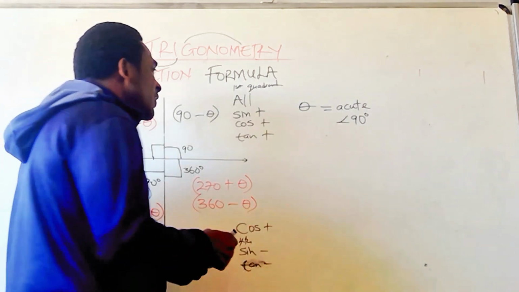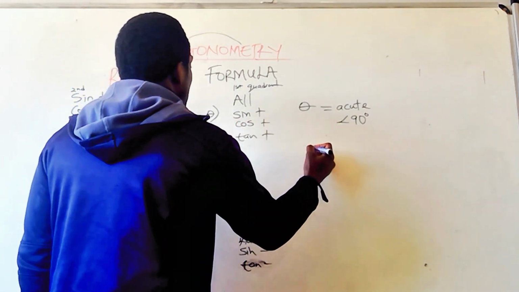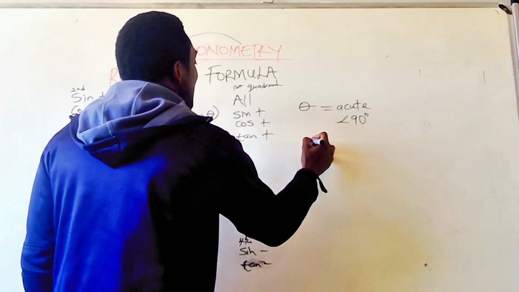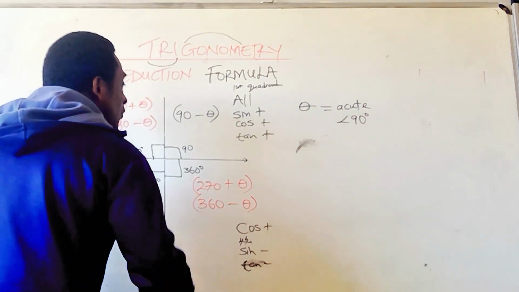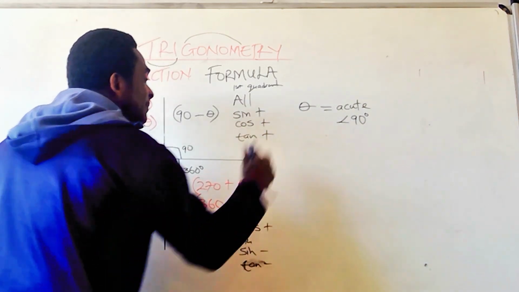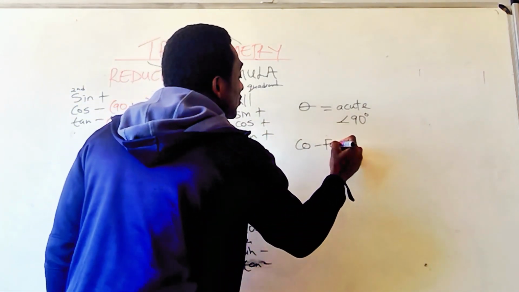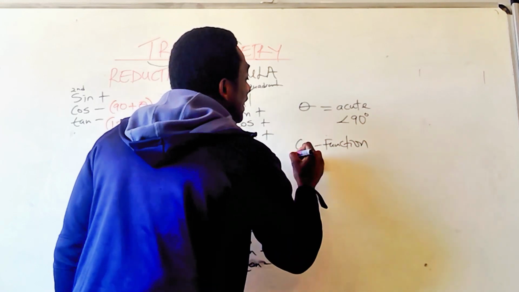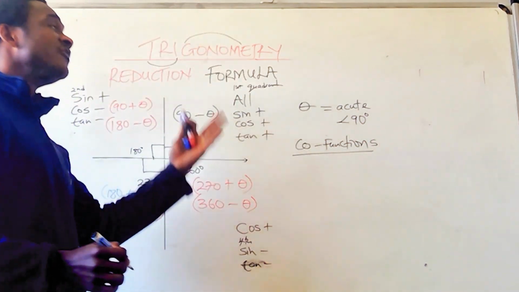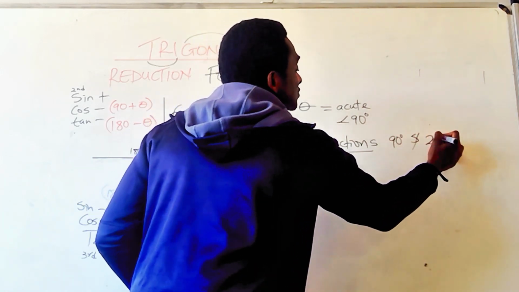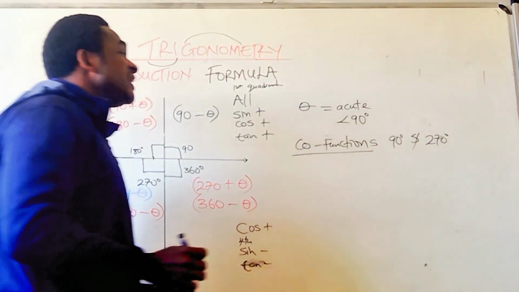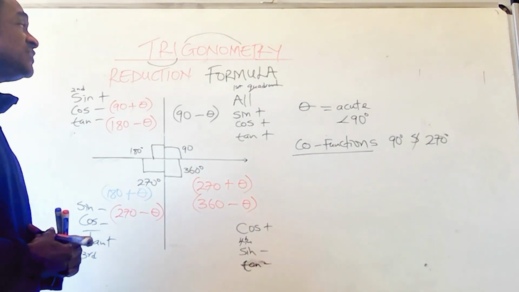It means that when I'm working on the first quadrant, before I go on, let's talk about what we call the cofunctions. The cofunctions for reduction formula are the functions that involve 90 degrees and 270 degrees. So angles that involve 90 degrees and 270 degrees, we treat them separately.